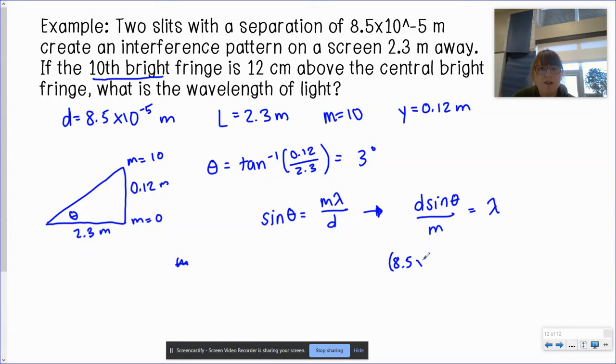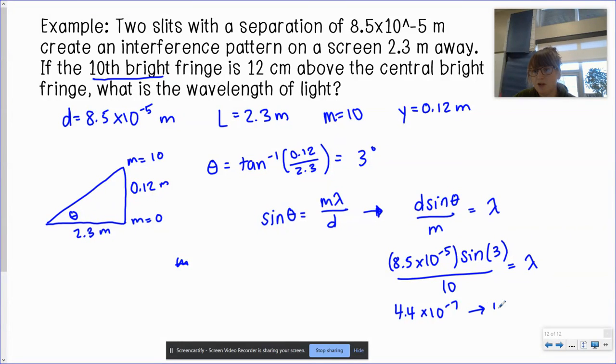So 8.5 times 10 to the negative 5 times the sine of 3 degrees divided by 10, because that's the number of bright fringes away we are. And that comes out to 4.4 times 10 to the negative 7, or 440 times 10 to the negative 9, which is 440 nanometers. 440 nanometers is in the blue range. So this would be blue light.